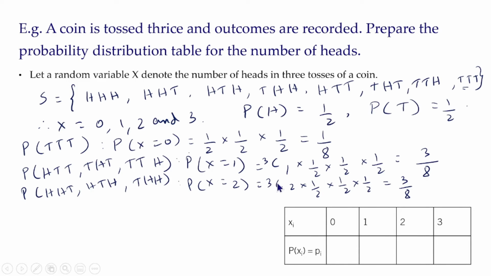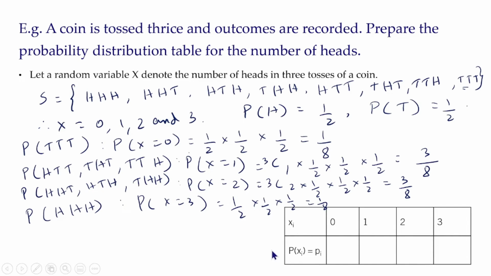How this 3C1 and 3C2 come will be easy to understand after studying binomial distribution after 1 or 2 topics. Then finally, the probability of getting 3 heads is P(x=3), which is half into half into half, equal to 1 by 8.